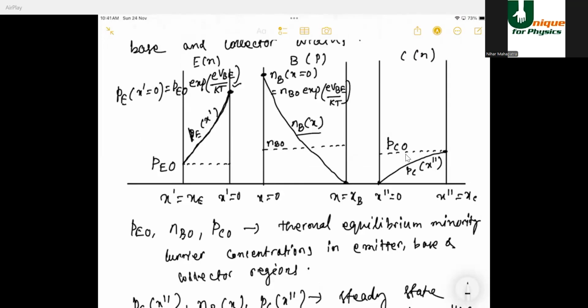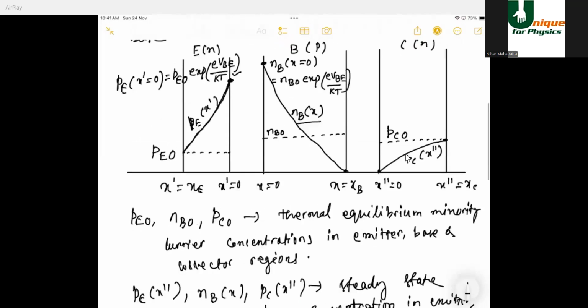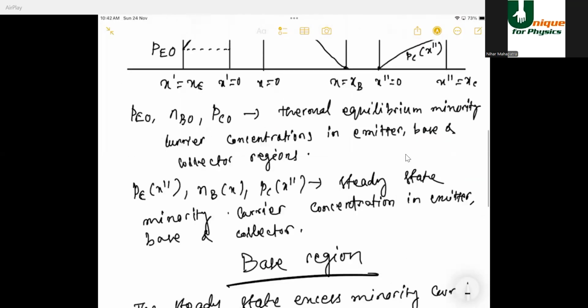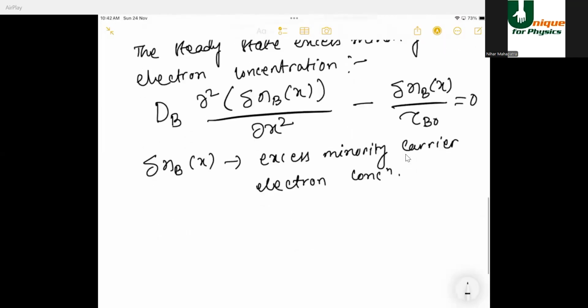As a result, the electron concentration in the base region has increased from NB0 to NBx. So the excess minority carrier concentration can be determined by taking the difference between NBx at any point in this base region, what is the value of electron concentration, right, minus NB0, the thermal equilibrium concentration, that will give us the excess minority carrier electron concentration, right?